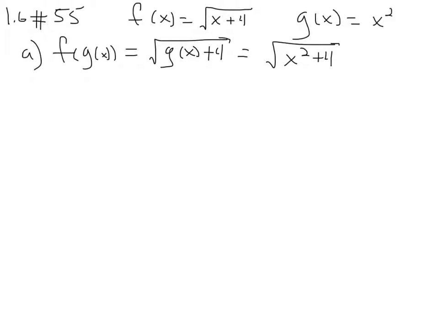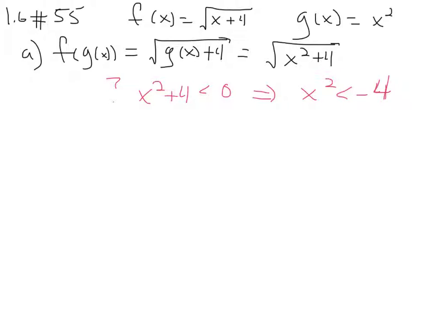Right. We are, in addition, asked to find the domain of f of g. Okay. So remember, this is an even root. Even roots don't like to have negative numbers put inside. So the question is, is x squared plus 4 ever less than 0? Right? This is the same thing as saying, is x squared ever less than negative 4?